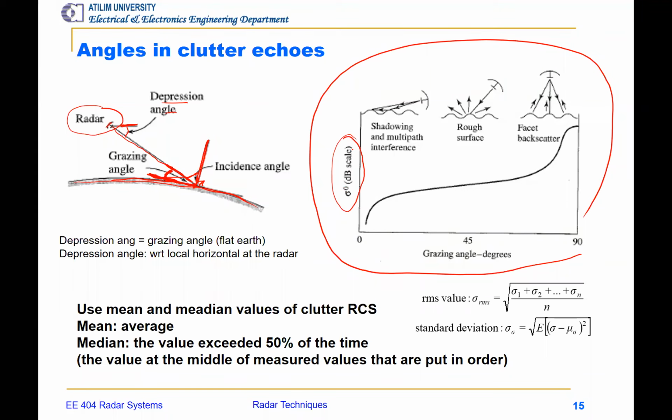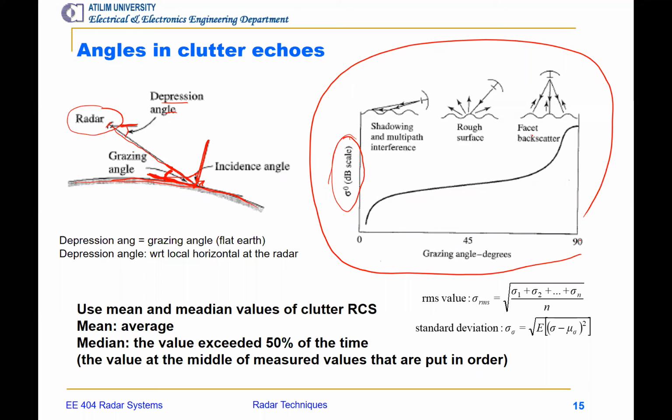There are several names for that; just use reflectivity. Reflectivity, as you see from 0 to 90 degrees, when there is shadowing and multipath, is quite small and it increases until we look at the surface from the top, so direct reflection, scattering.